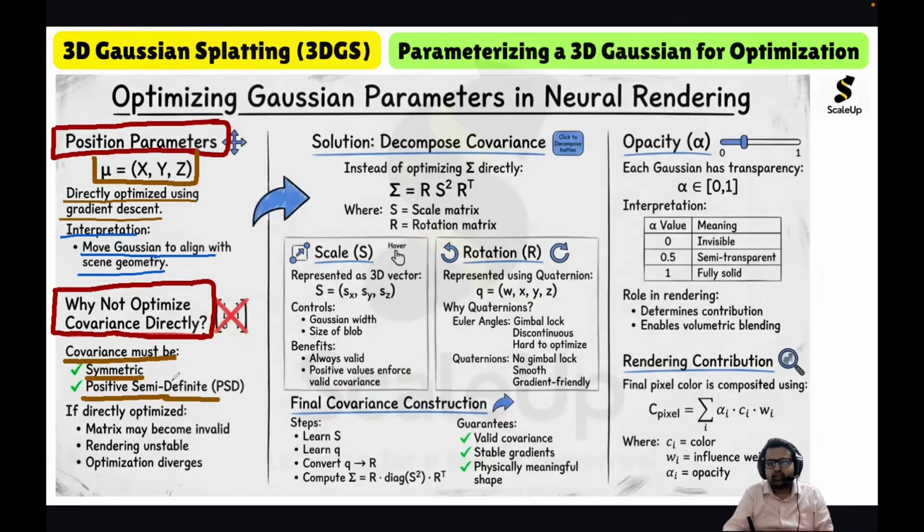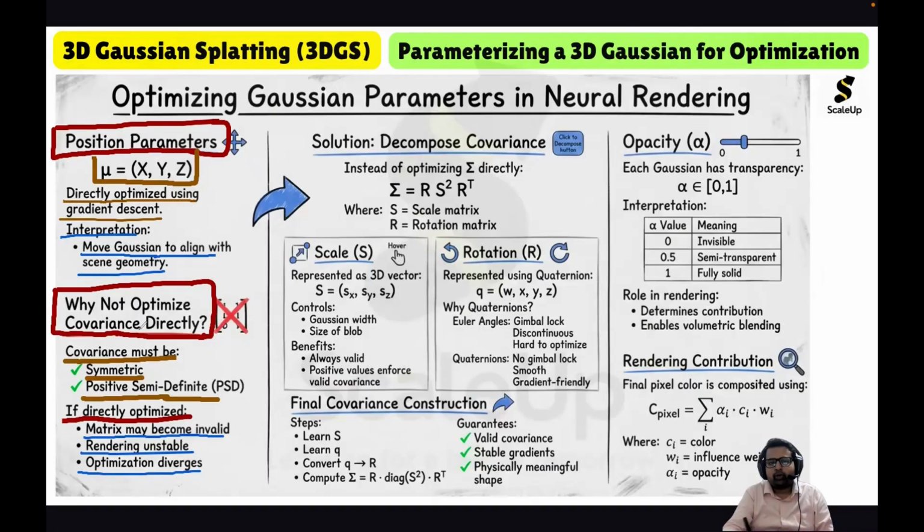So these are two constraints. It has to be positive semi-definite and symmetric. And if directly optimized, the matrix may not follow these two properties. It may become invalid, rendering will become unstable, and optimization will diverge.